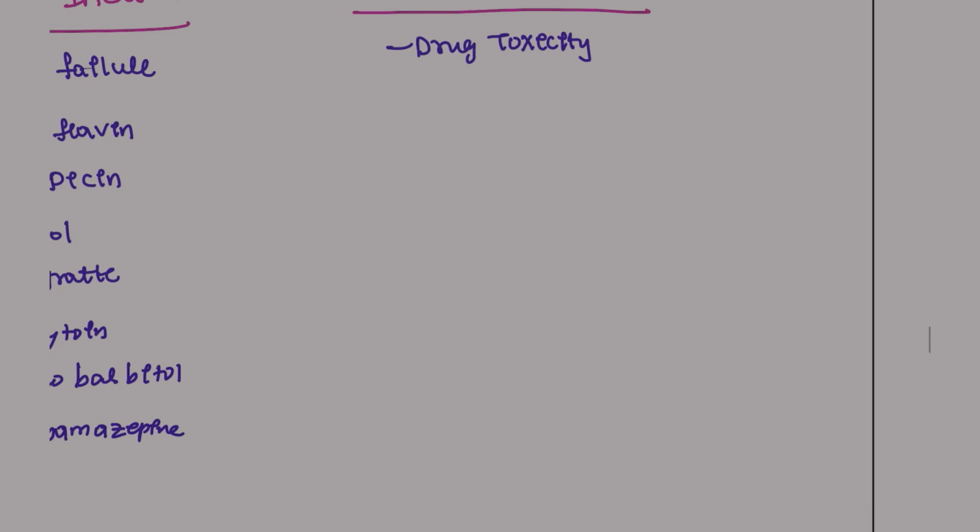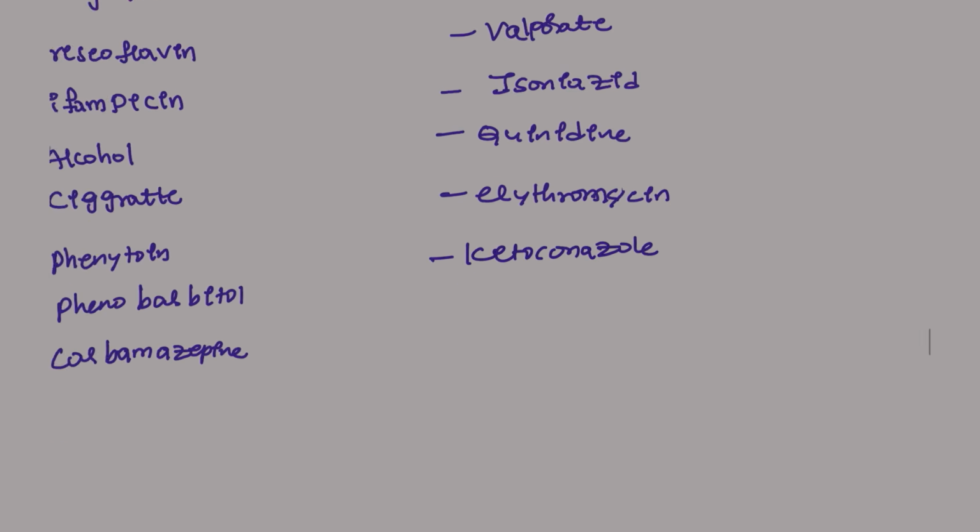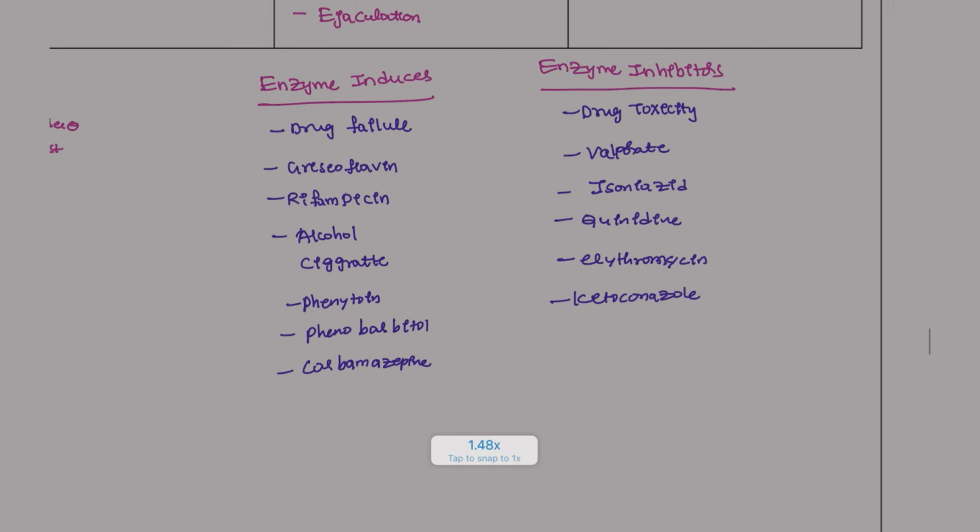And the inhibitors are valproate, isoniazid, quinidine, erythromycin or clarithromycin, and ketoconazole. These are the enzyme inducers and enzyme inhibitors.